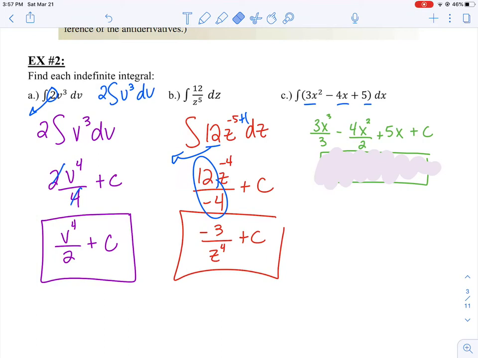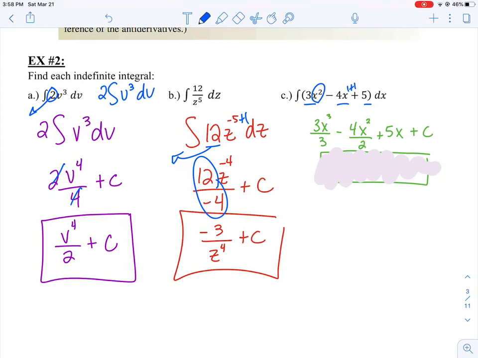All right, I had the 3 out in front that was already there. I added 1 to the exponent and I divided by that new exponent, so I have z cubed over 3. On the next piece, I had a negative 4 that was already there, so I left it alone. I added 1 to the exponent and I divided by that new exponent. So now I have x squared over 2.